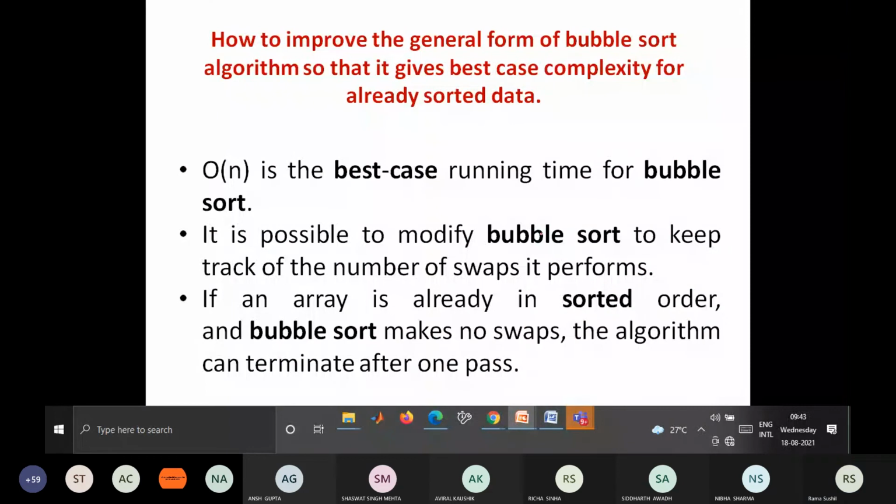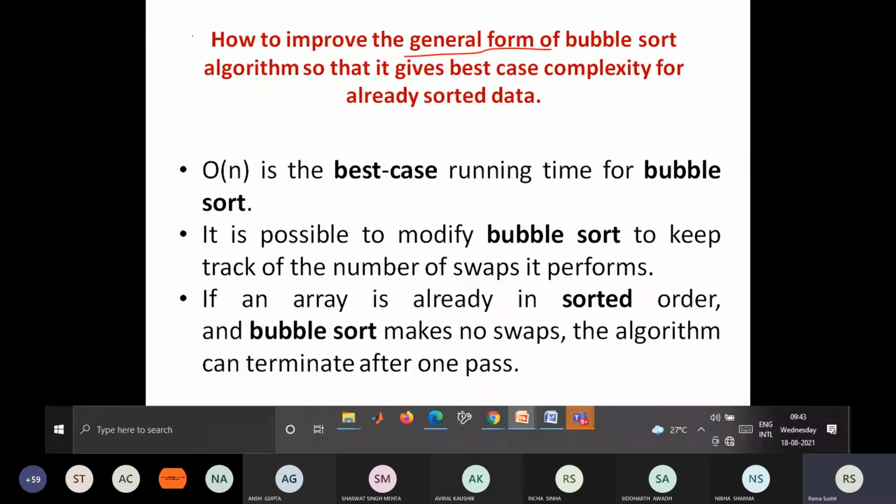This way, the point of discussion here is how to improve the complexity of this general form of bubble sort. This is the algorithm where we compare the elements in pairs, the general form of the bubble sort algorithm, which gives the complexity of order n square.